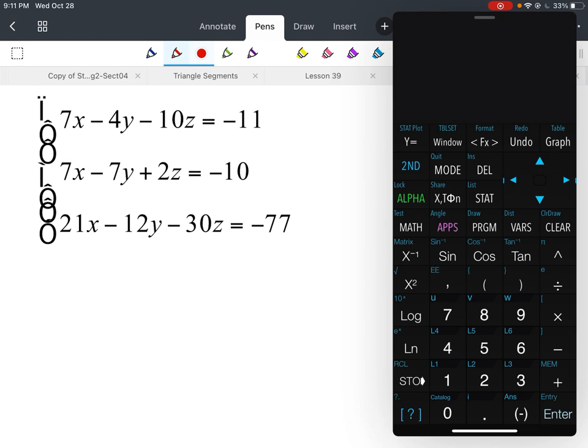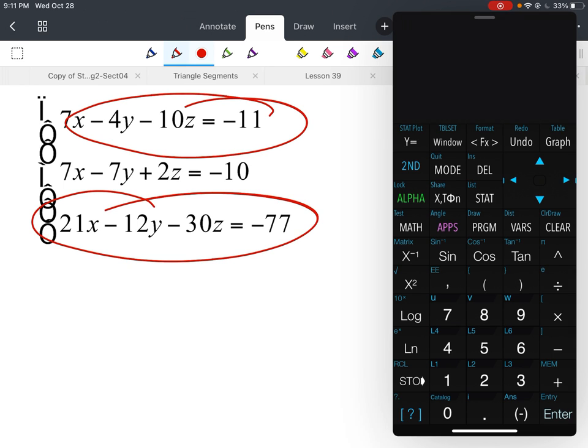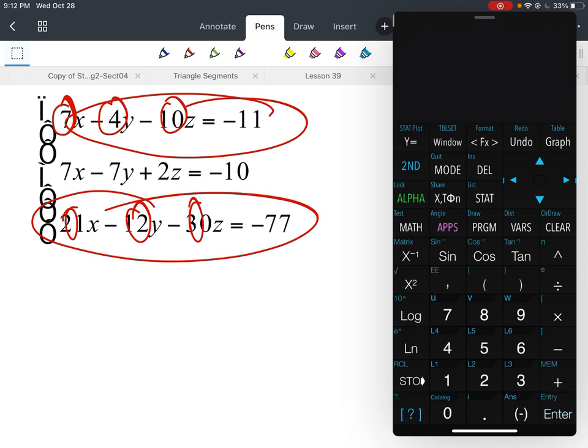And as I'm looking through, it's possible that this one and this one are going to be problematic. Maybe you can identify it here. Notice how, if I multiply this top row by 3, all my letters and stuff would cancel out, right? Because this is just a multiple of 3 from the other one.